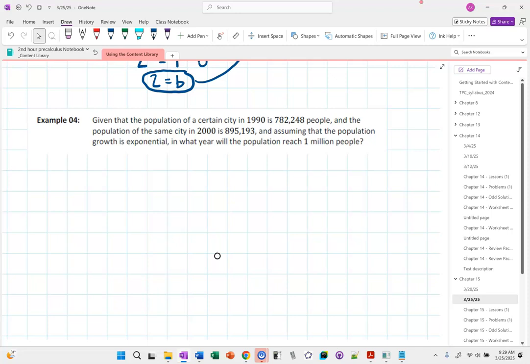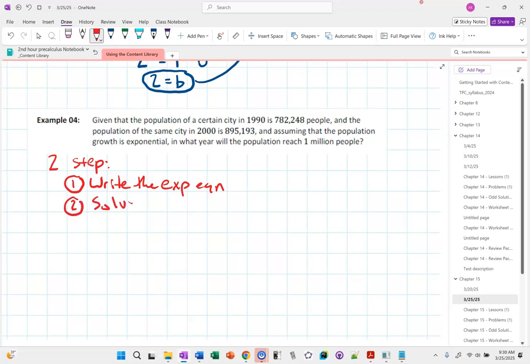So when I read a question like this, it's going to be a two-step problem. Step one, I have to write my equation, and then step two is I'm going to need to solve it.